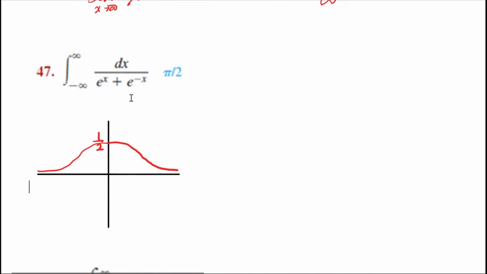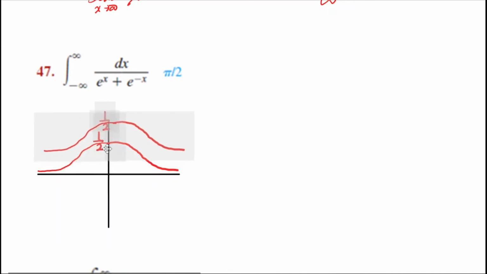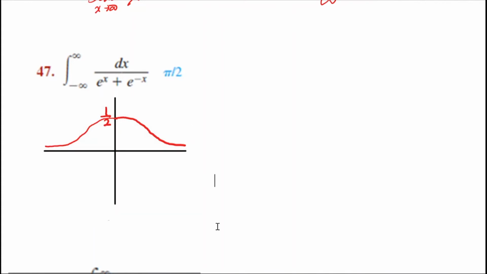If you substitute negative x instead of x, then this whole thing is exactly the same as before. So it is an even function. Then we are still breaking it up, but we don't have to do 2 separate integrals. We can do 1 integral. So that's nice. That's the number 1 thing.